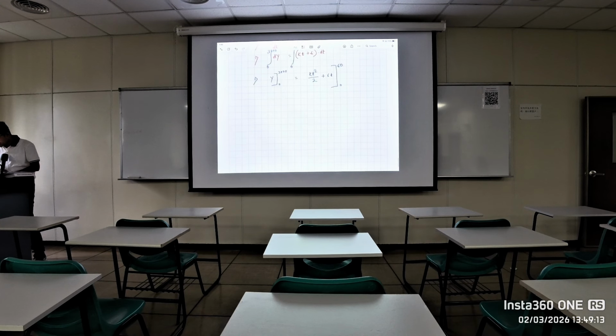Now can you solve this one? Simply this one will be 3000 is equal to, because upper bound is 3000, lower bound is 0, so we can simply ignore that one, so this will be k into 60 square by 2 plus 6 into 60.